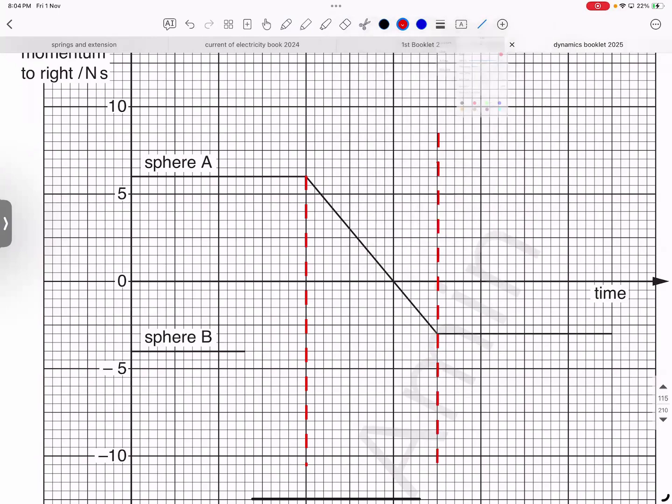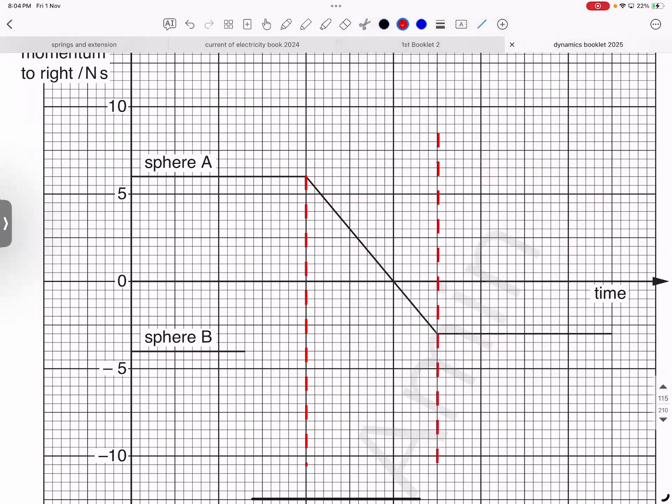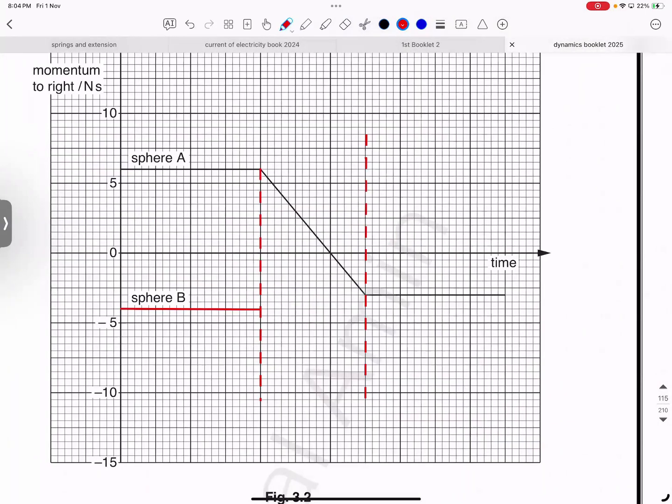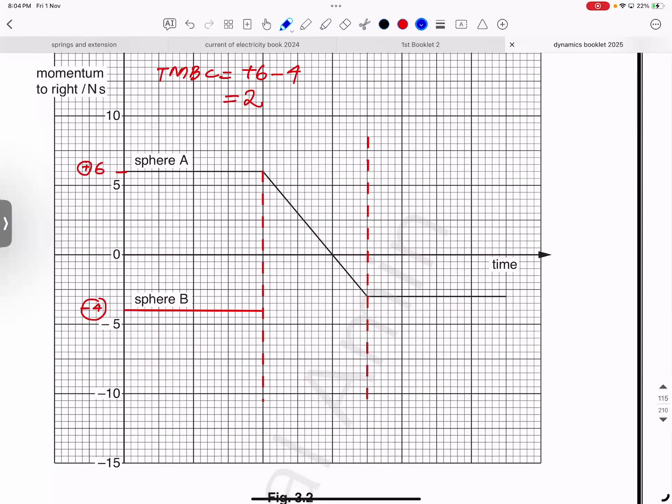So first task was the momentum of B will continue to be same until collision starts, right? Now you need to go after collision. Total momentum before collision, how much? Momentum of A is positive 6. Momentum of B is negative 4. Total is plus 6 minus 4, which is 2. Please pay attention.